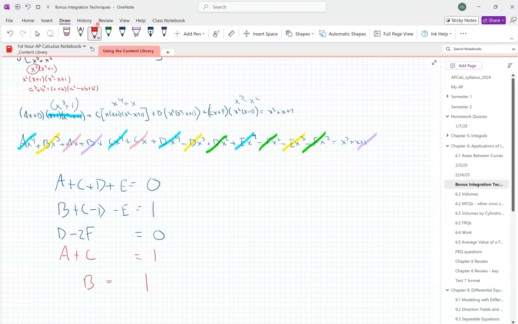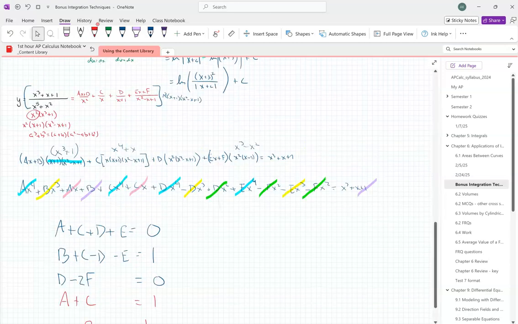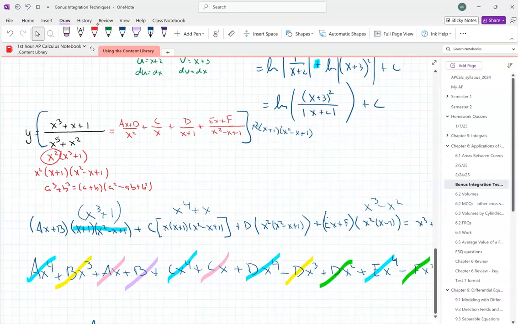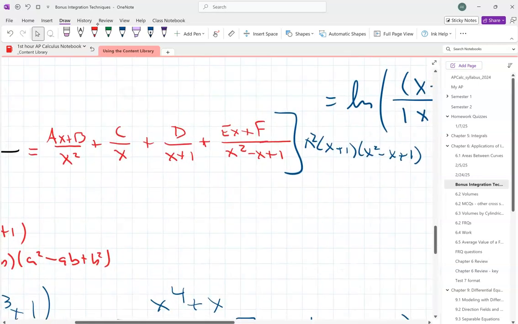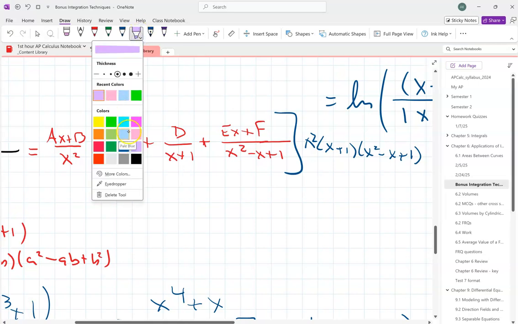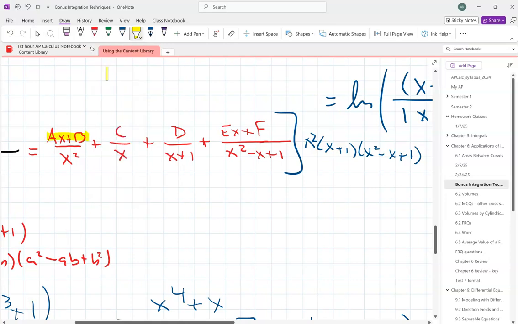Michael? Can you go back up that question? Yeah. You had C and D by themselves, but then you had AX plus B. How did you pick the letter variable for that? So every possible coefficient gets its own separate letter. Because this is over x squared, it could be degree 1 or degree 0, the numerator, right?